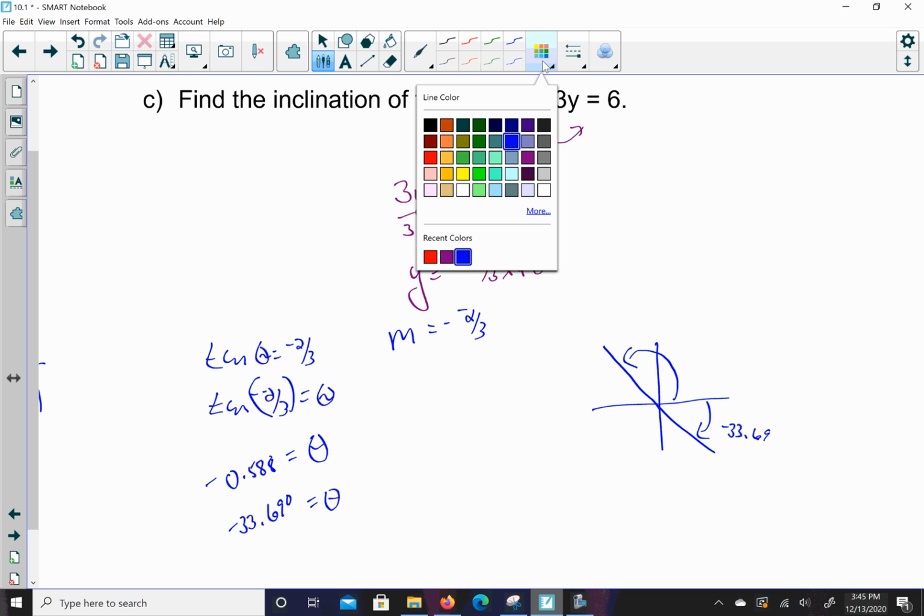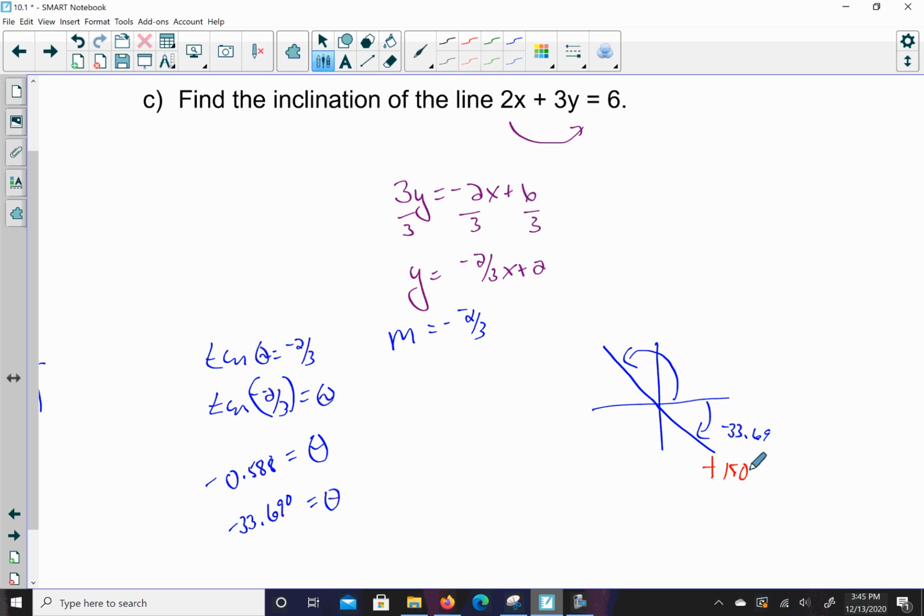So to get that obtuse angle, I am actually going to take this negative 33.69, and since I want to go halfway around the unit circle, I'm going to add 180 degrees. And when I do that, I get theta to be equal to 146.31 degrees. So that's going to be this angle here to here is going to be that 146.31.